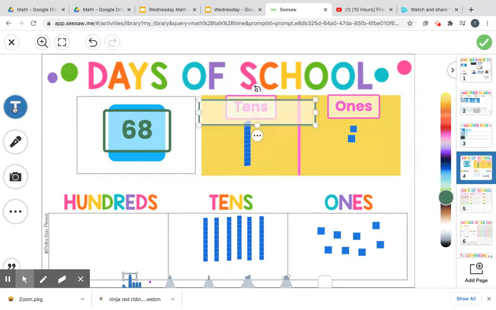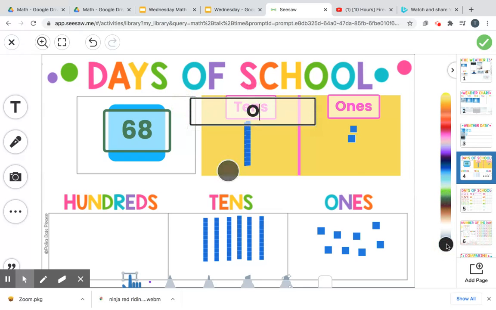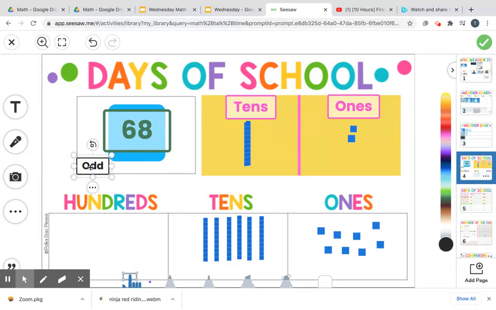I'm going to quick add something new to this. We're going to be circling every day if this is odd or even. So I'm writing odd. Oh, I don't want that period there. I'll probably just leave it like that. Odd. I'm going to add it underneath. Bear with me. So odd or even on this side.